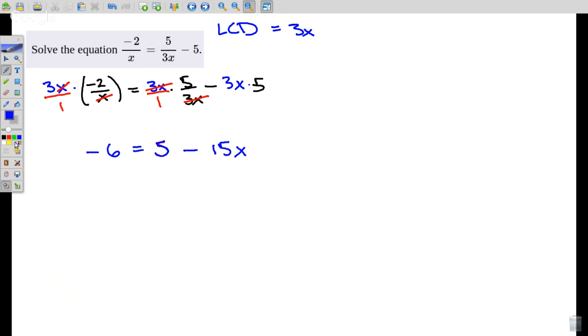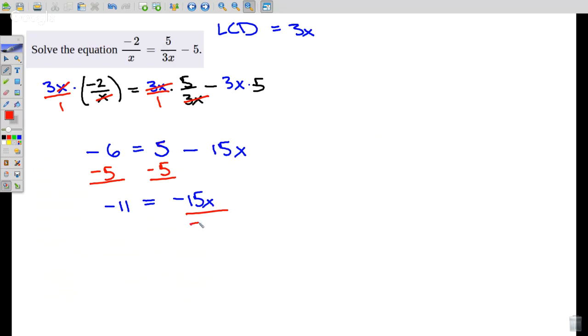All right, so cleaning this up, we'll need to take this positive 5 and subtract it to the other side. So 5 minus 5 is 0. 0 minus 15x is -15x. The other side, I have -6 plus -5, which is -11.